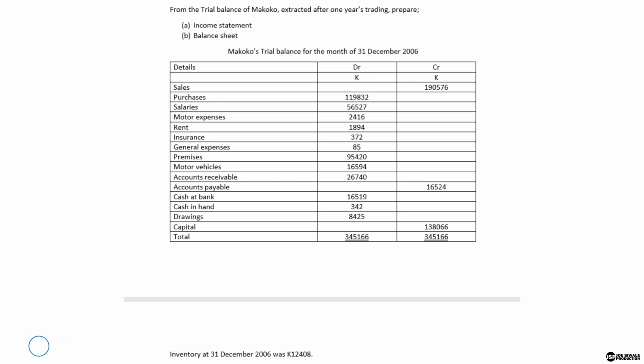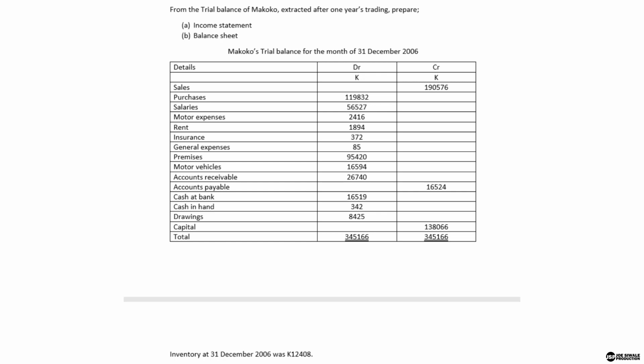Then we have purchases amounting to 119,834. Then we have salaries amounting to 56,527. We have motor expenses amounting to 2,416. We have rent amounting to 1,894. We have insurance amounting to 372. We have general expenses amounting to 85.